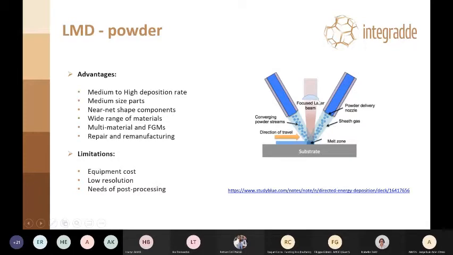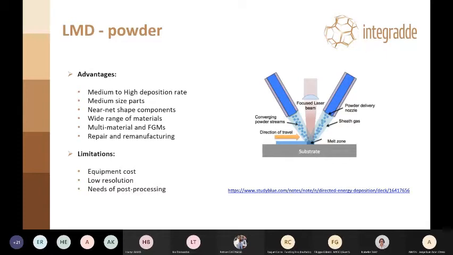So we have to deposit several subsequent lines to produce a layer, and upon this layer, again, overlapped tracks to produce the next layer.